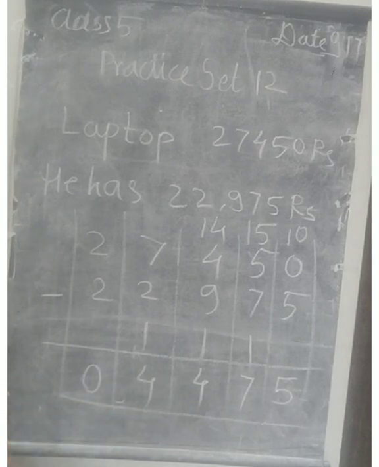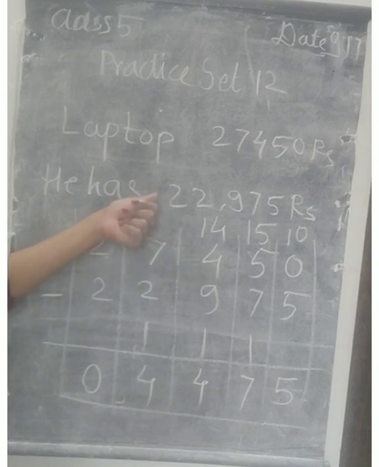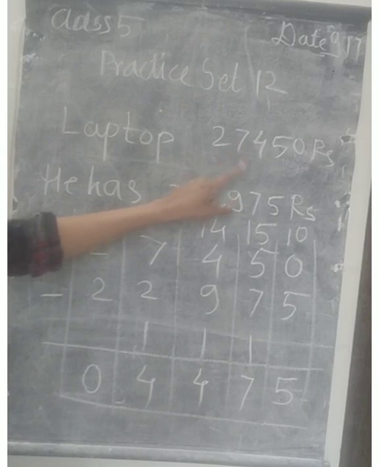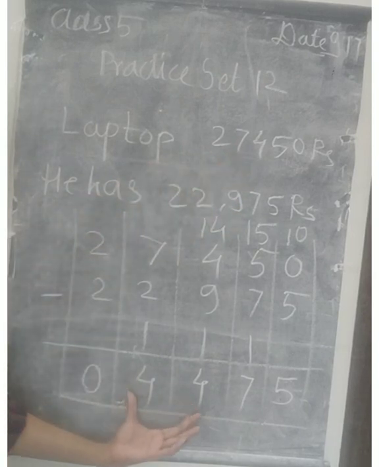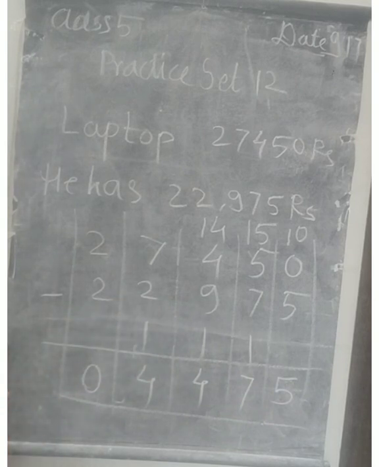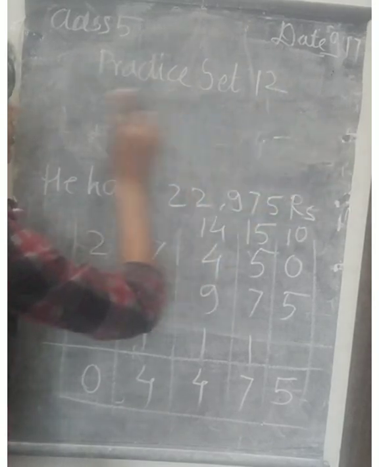So what is the amount that he requires in addition to this amount so that he'll be able to buy a laptop worth rupees 27,450 rupees. So that amount is 4,475. So at the last you all will be writing a statement.